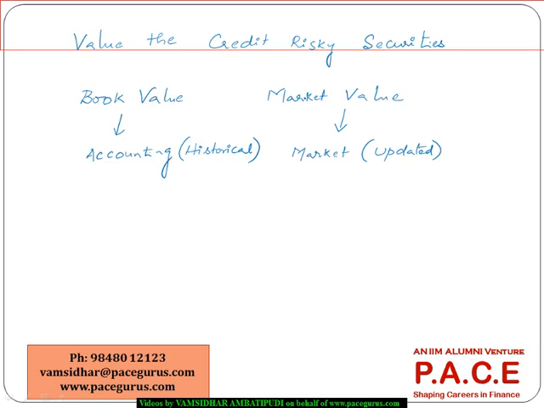So when we are talking about this kind of a balance sheet, we call it the accounting balance sheet, whereas when we are preparing a balance sheet using this mechanism, we call it the economic balance sheet. Though in both of them the assets should be equal to liabilities plus owner's equity.